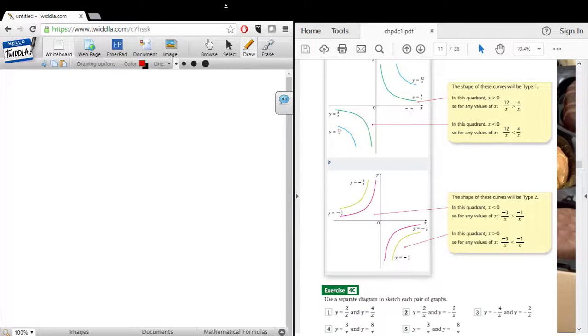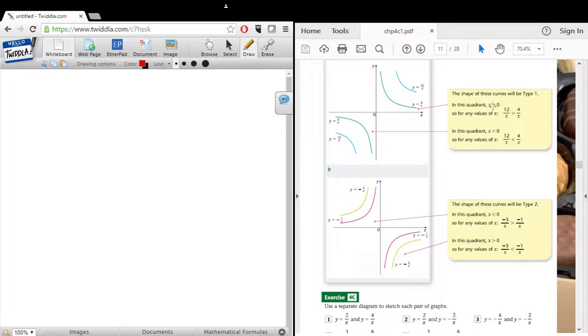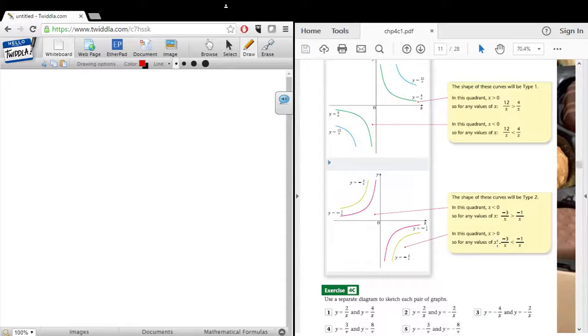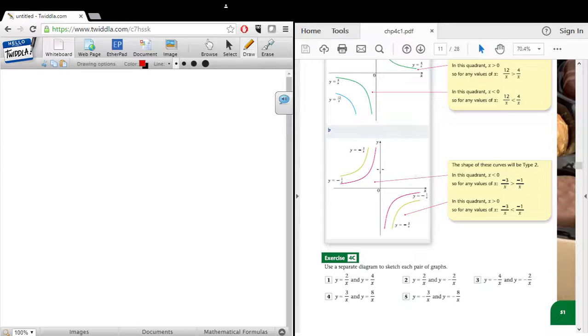And again, it all depends on whether x is positive or negative. That's going to determine whether it comes in on the positive side or the negative side for x.